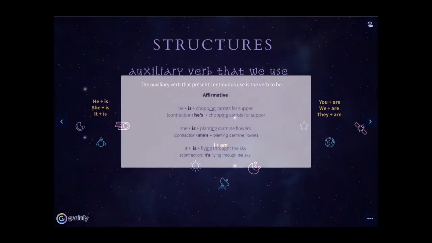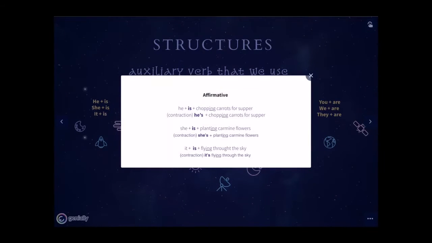Then, as examples in the affirmative form, we have: he plus is, then we put the verb plus ing. In this case chopping, planting and flying, and then we put the complements of the sentence.